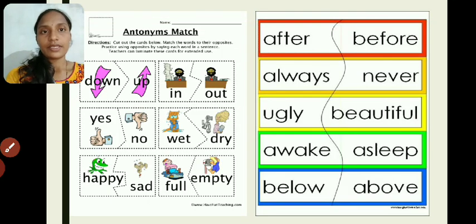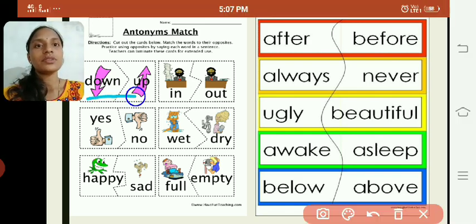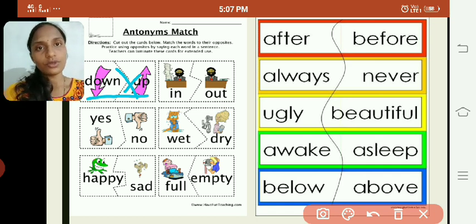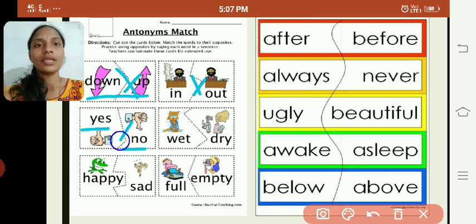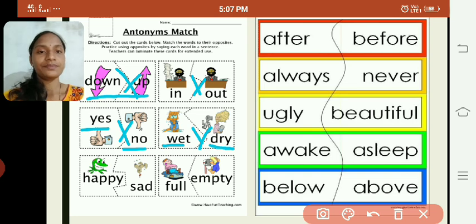These are some examples of antonyms. So let's see the examples. What are the examples of antonyms? Down, up, and this sign we always use to show that it is an antonym. In, out. Yes, no. Then wet, and the antonym is dry.